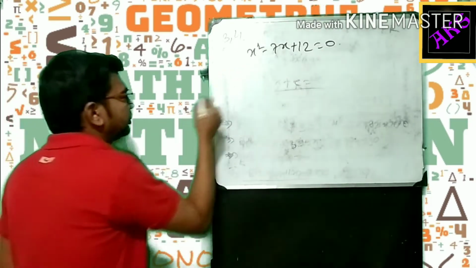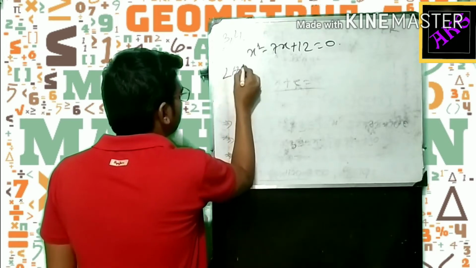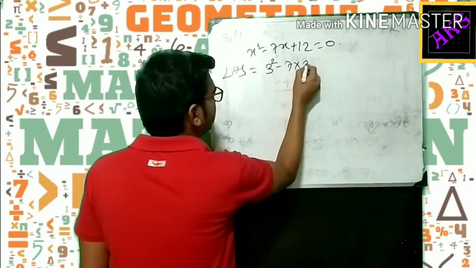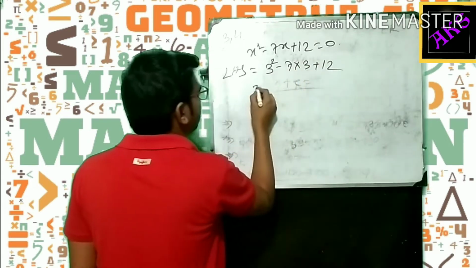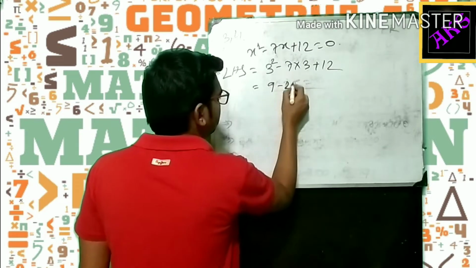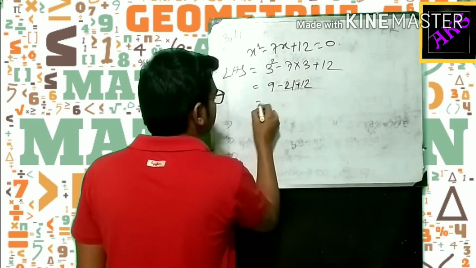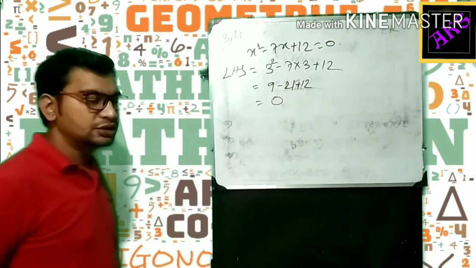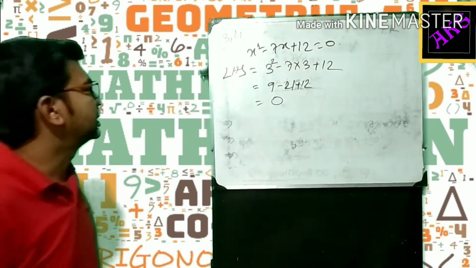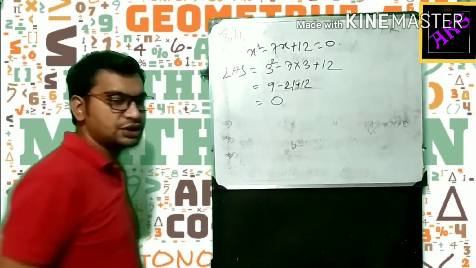In the LHS, we get 3 square minus 7 into 3 plus 12. That means 9 minus 21 plus 12, which gives us 0. So 3 satisfies the given equation. So we can say 3 is a root of the equation.